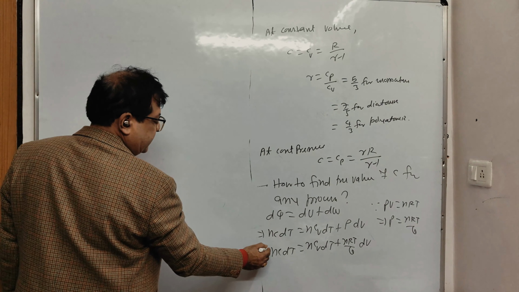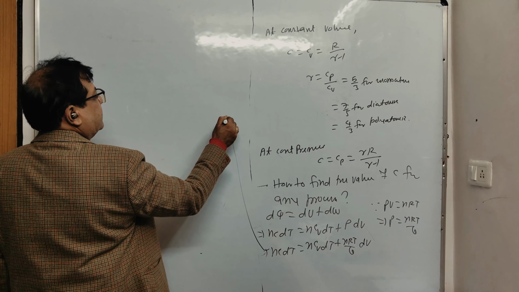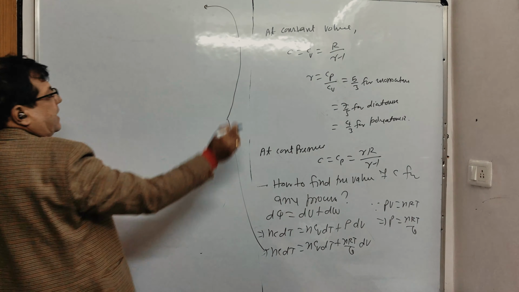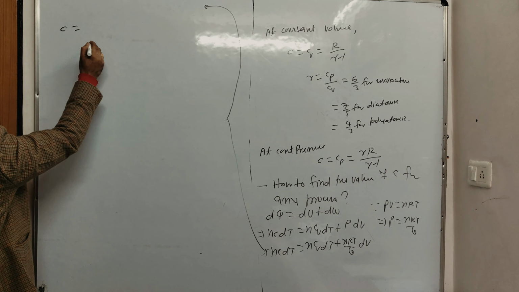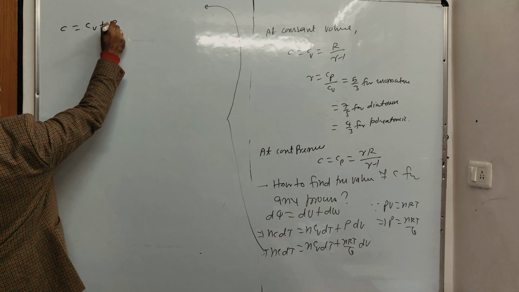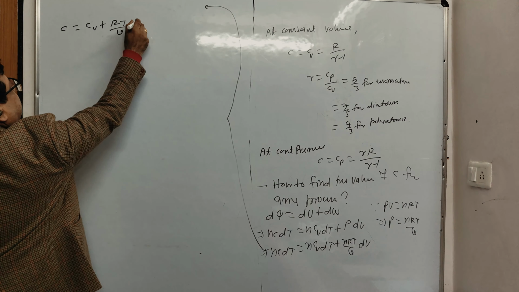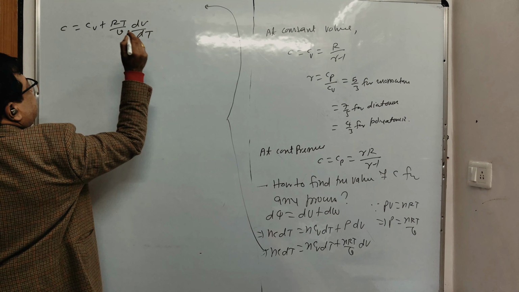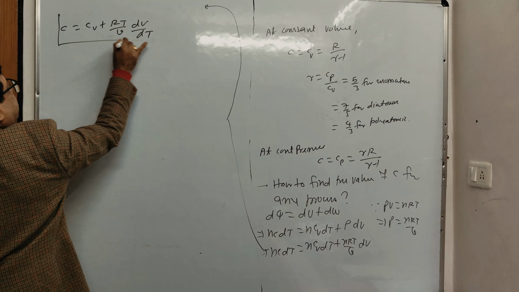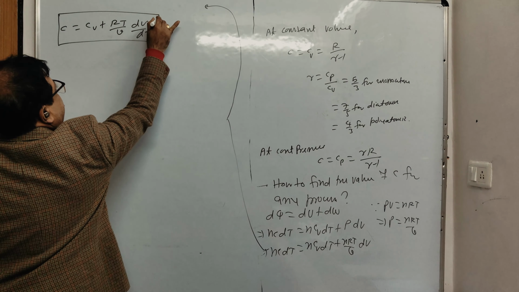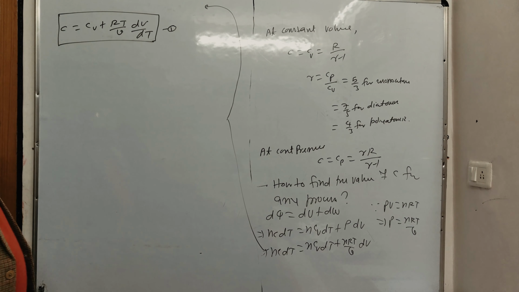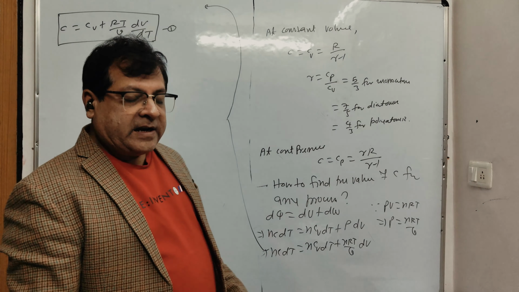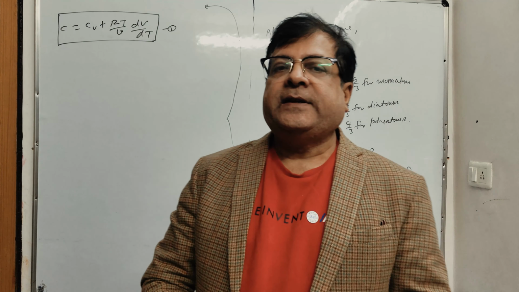So from this place we can write, at this point, the value of C is Cv plus RT by V dV by dt. This is the calculation you have to do for any process, right? For different processes its value is different.